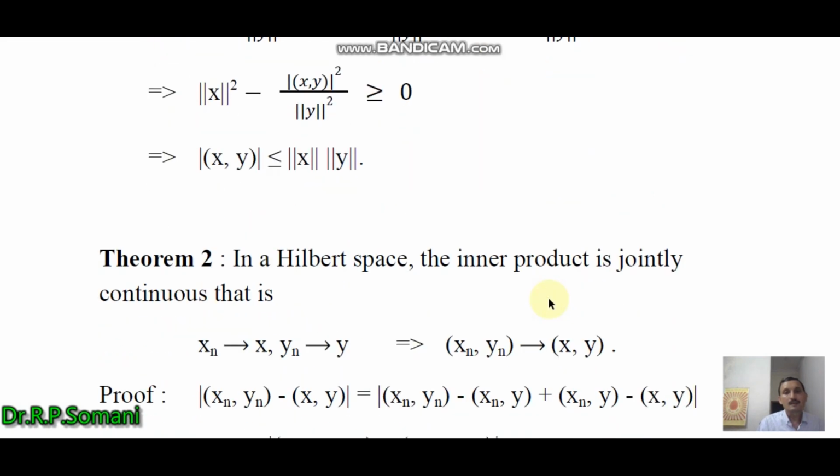Next we consider the property of the inner product, that in an inner product space the inner product is jointly continuous.